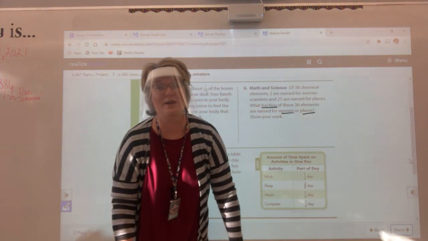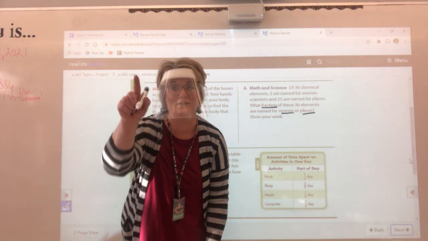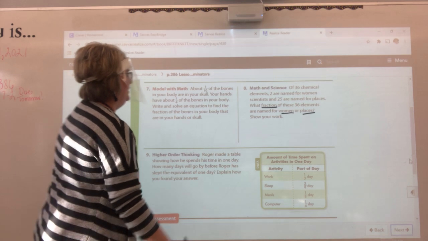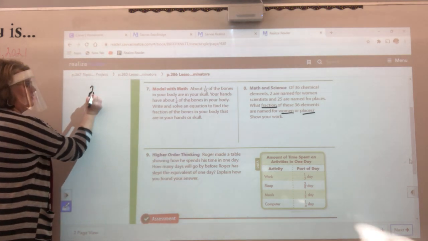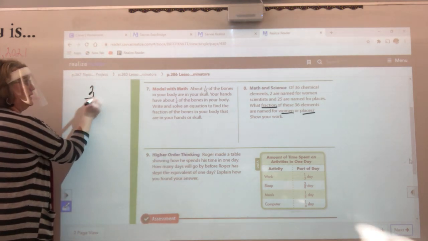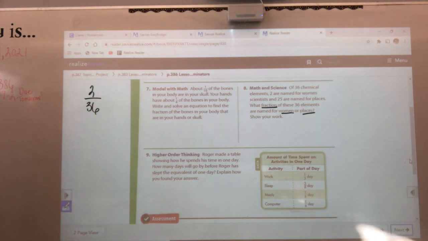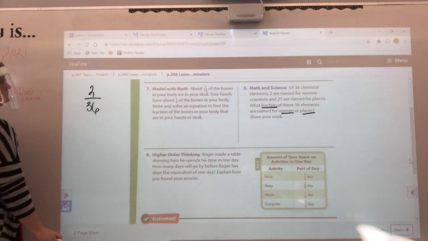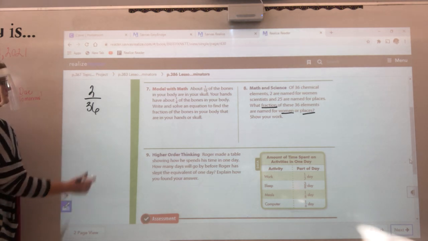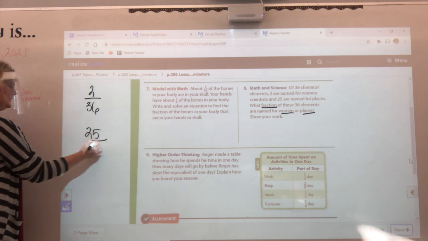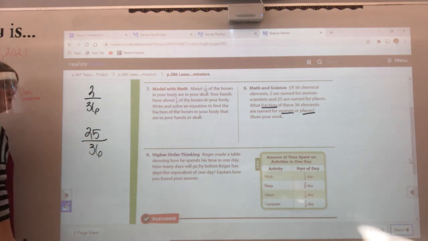So how would I write the women fraction? Do you know, Colin? Yeah, 2/36. So if that was for women, Bentley, how would I do the places? 25/36. So far, this is what you should have.